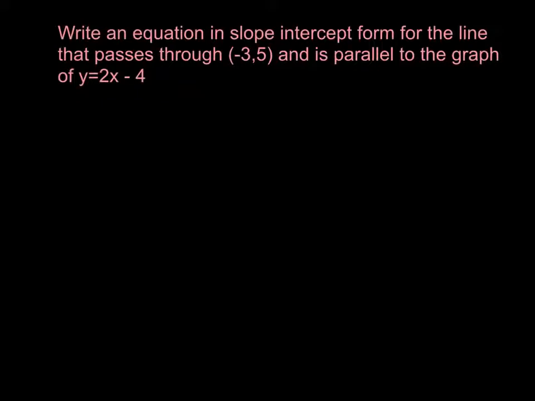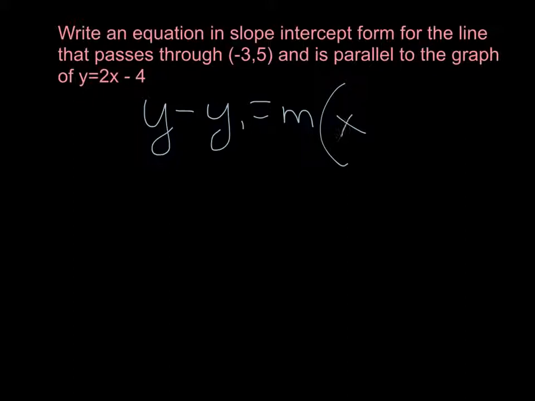This says write an equation in slope-intercept form for the line that passes through (-3, 5) and is parallel to the graph y = 2x - 4. So you want to write out the point-slope form, which is y - y1 = m(x - x1). Let's first replace the y1 and x1.